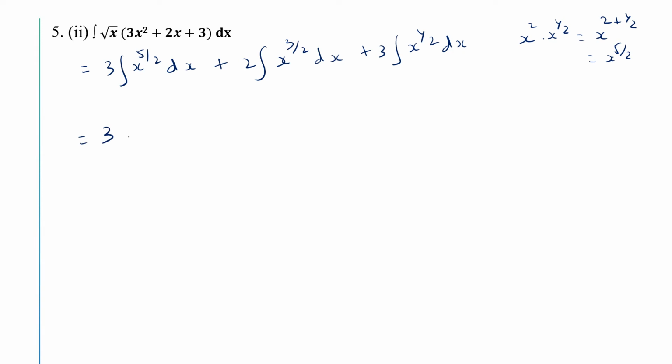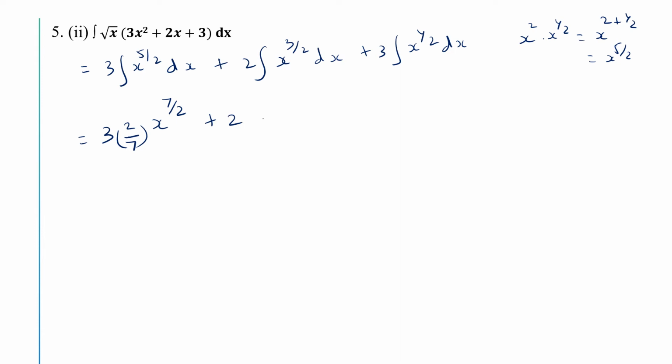So this is equal to 3 into integral x raised to 5 by 2 dx is x raised to 5 by 2 plus 1, 7 by 2 divided by 5 by 2 plus 1, 7 by 2. So here we can write it as 2 by 7. So 3 into 2 by 7 into x raised to 7 by 2.